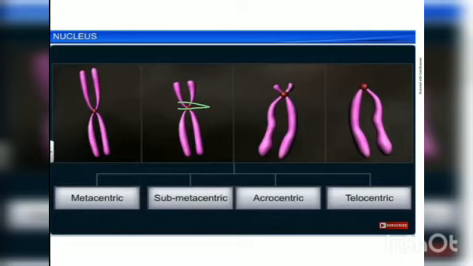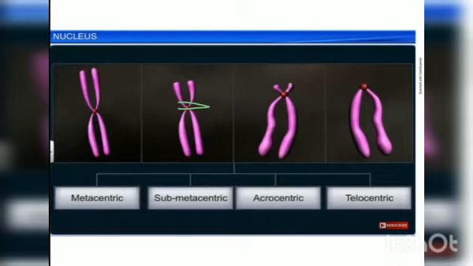In an acrocentric chromosome, the centromere remains very close to one end, so two different types of arms form from the chromosome. One is extremely short and the other is very long comparatively.